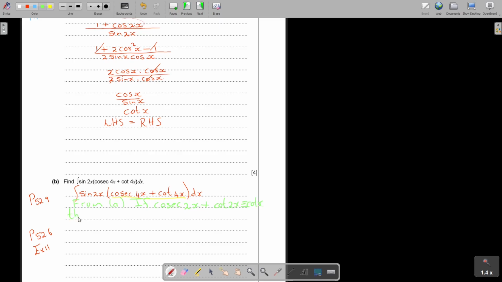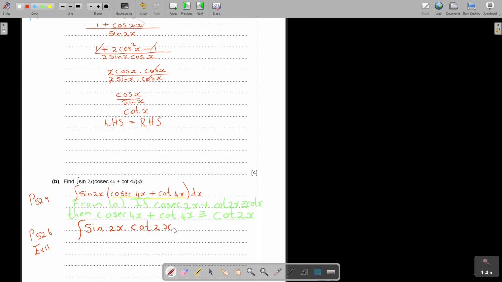Then cosec 4x plus cot 4x will be equal, and now look, to cot 2x because it's double. Did you see that? So basically, I didn't integrate yet, I still keep my integration, and in the place of this yellow, I'm going to write cot 2x and keep your dx.